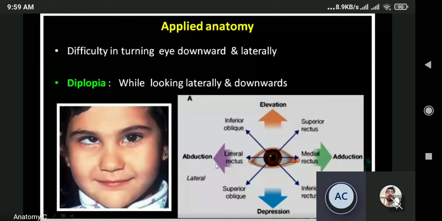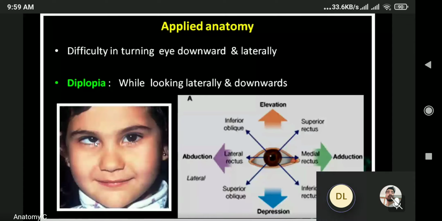Then you will have double vision when you are looking laterally and downward. And you can see over here the pupil of the eyeball is just present above the horizontal line. So this is the applied aspect of the trochlear nerve. Is it clear, the trochlear nerve?